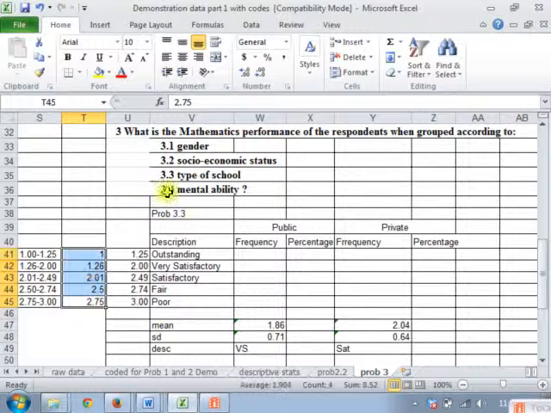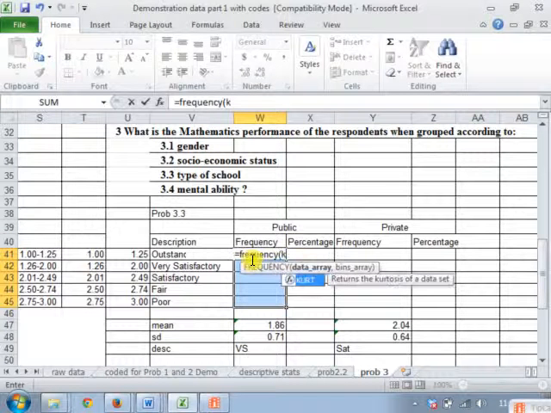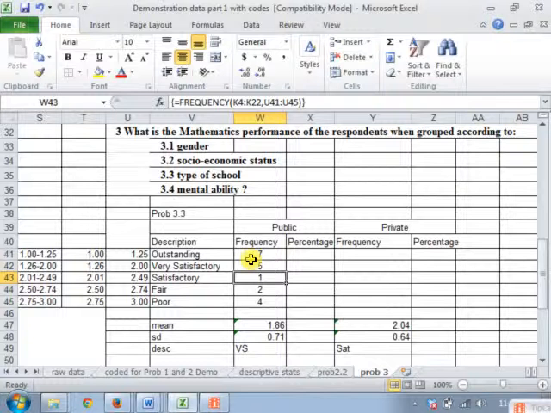Alright, and then of course we increase the decimal place. So again, let me get back. Frequency, and then you have K4 hanggang K22, comma, the upper limit, close, correct? Control Shift Enter. You have that.